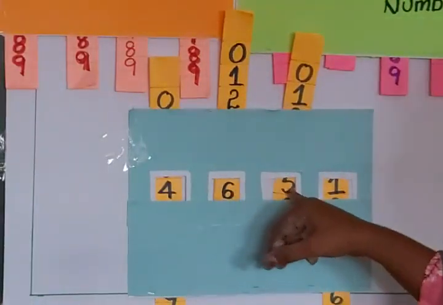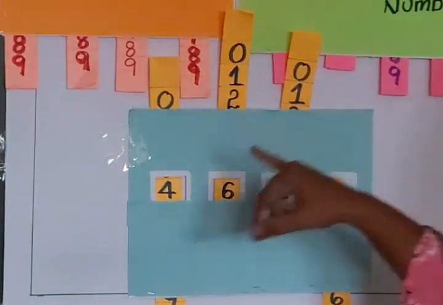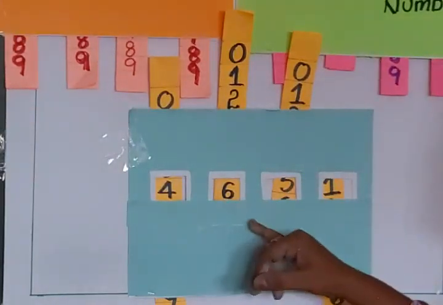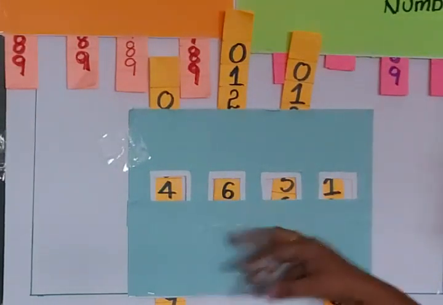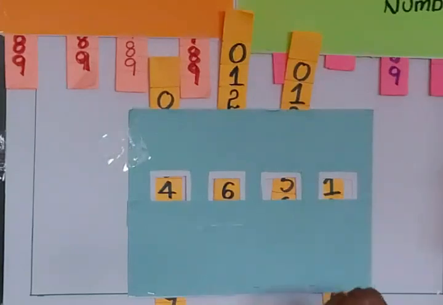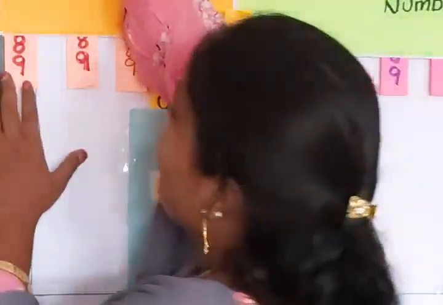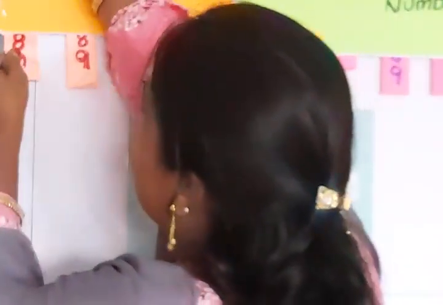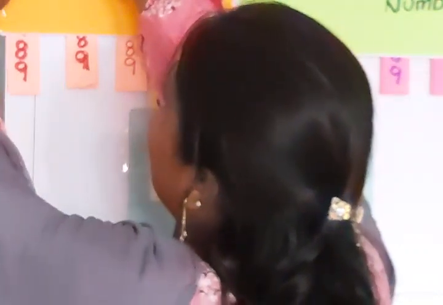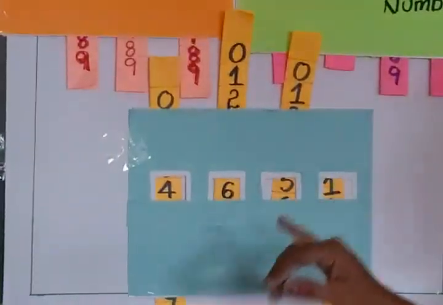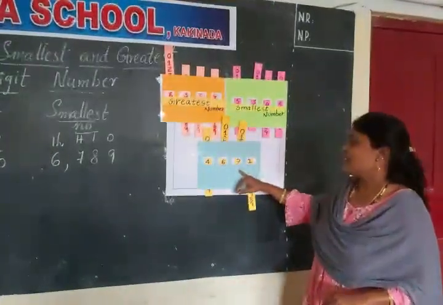Among these 4, 6, 5 and 1, which is the bigger digit, children? Can you tell me? What is the bigger digit? 6. Yes. So, first number must be 6. That is, thousands place number is 6. So, 6 in thousands place. And what is the next bigger digit?